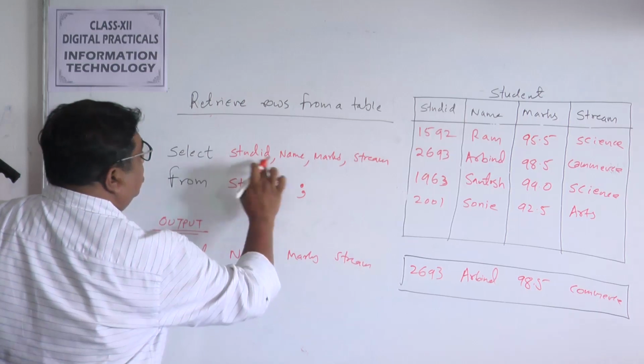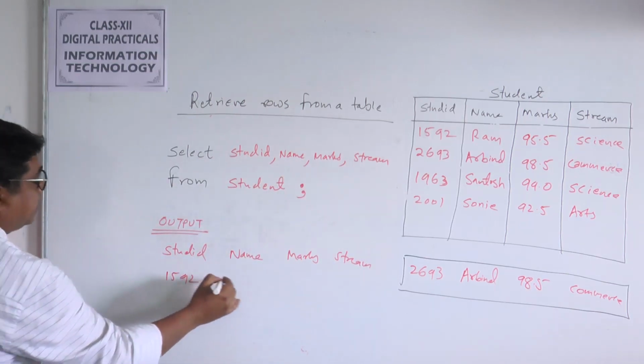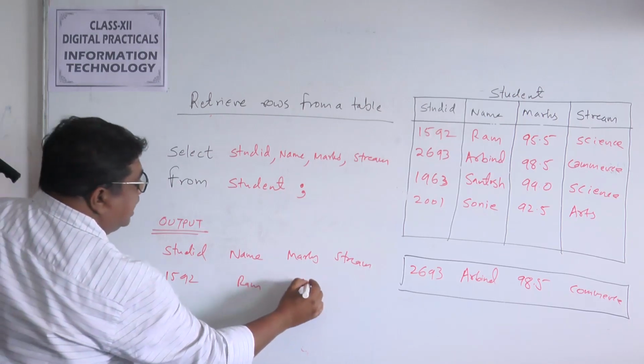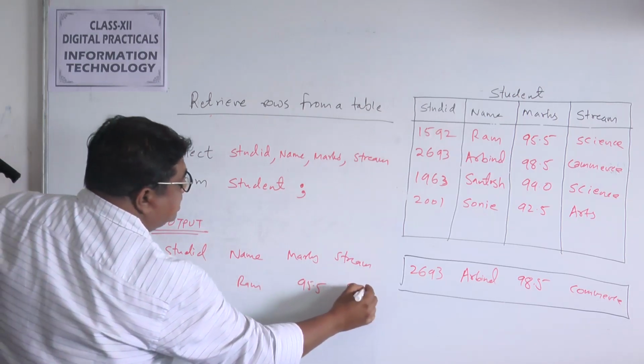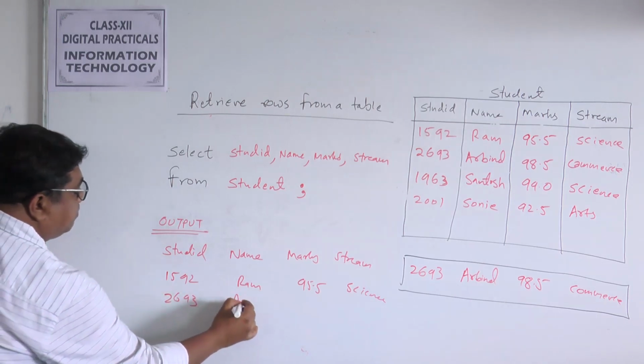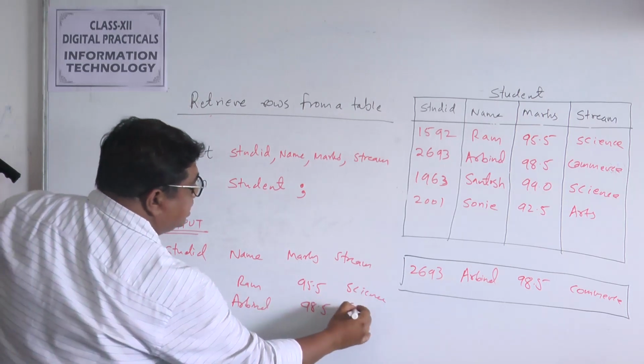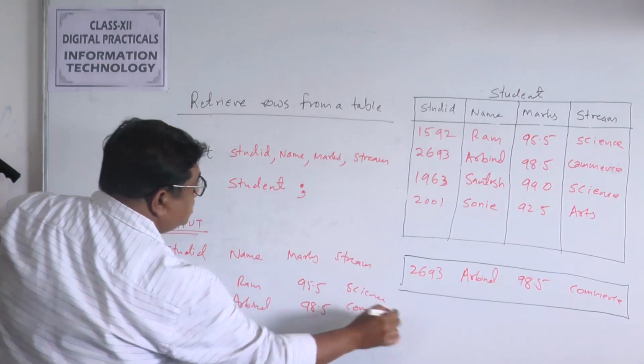Why? Because we have given all the column names, and it will display all the records: 1592, RAM, 95.5, science. Again 2693, Arvind, 98.5, commerce.